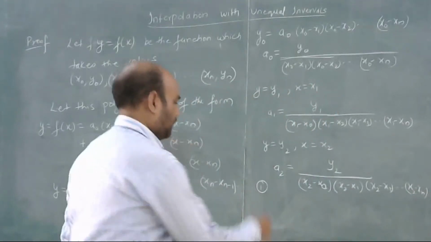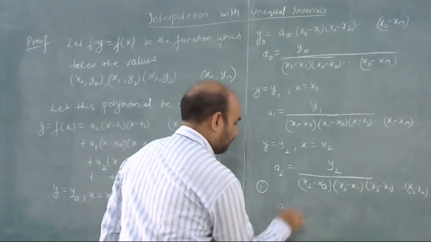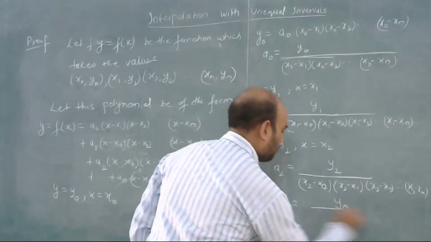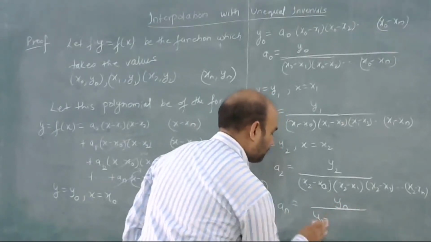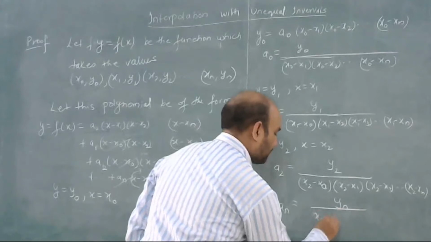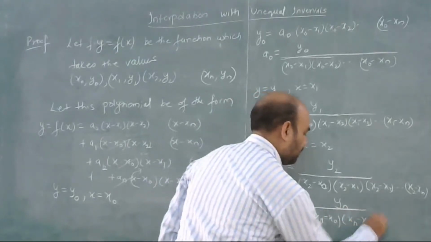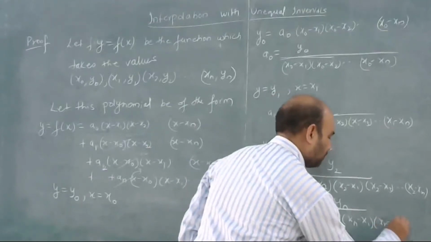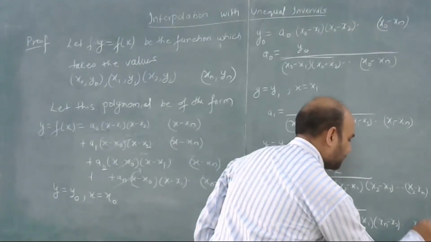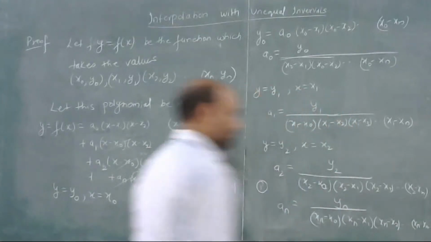Okay. And similarly an will become yn divided by (xn minus x0)(xn minus x1)(xn minus x2), that is up to (xn minus xn minus 1).